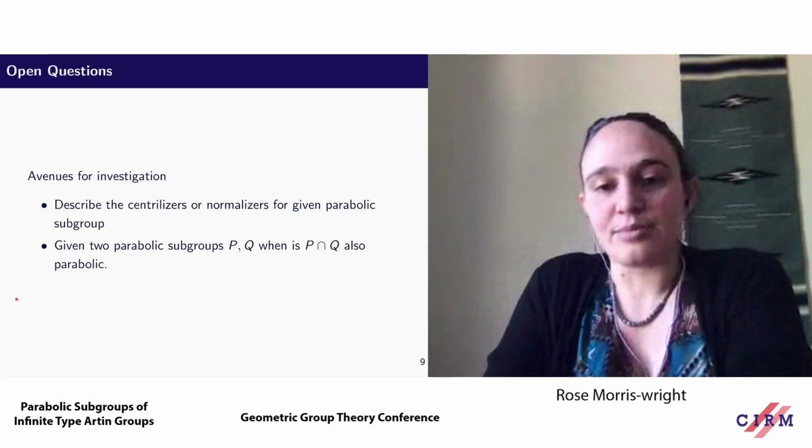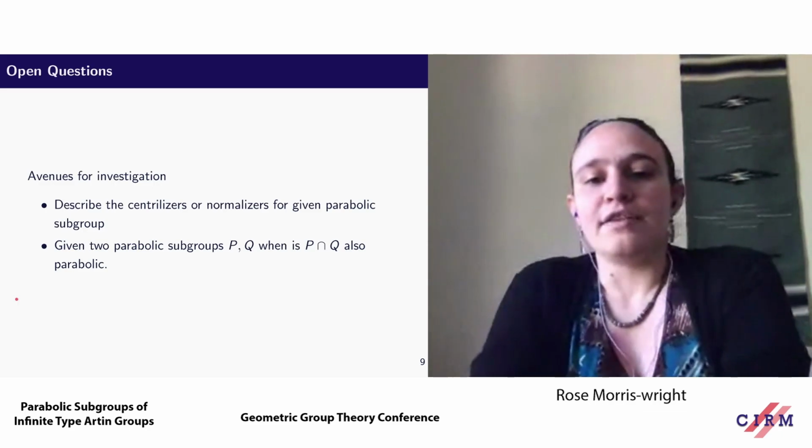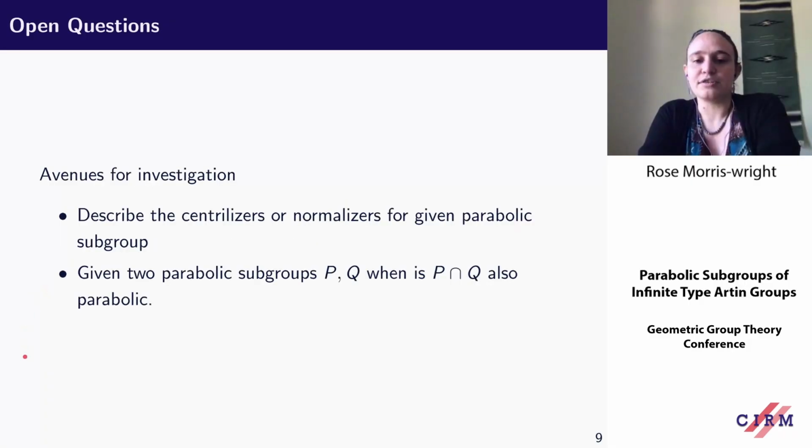Do they form a lattice, for example? What is their intersection? So this is really the first step towards trying to get a handle on that sort of structure. And this is a result that is shown in the finite type case, and that I will be generalizing to the FC type case in this talk.